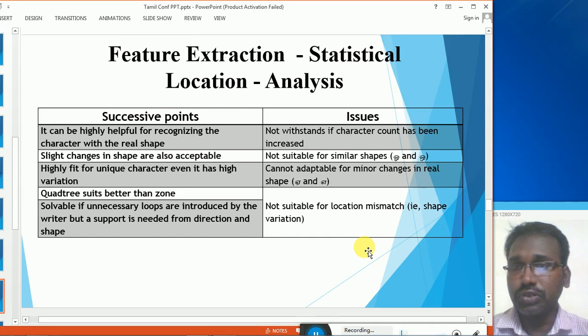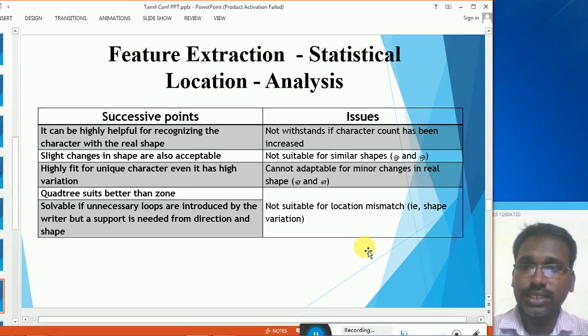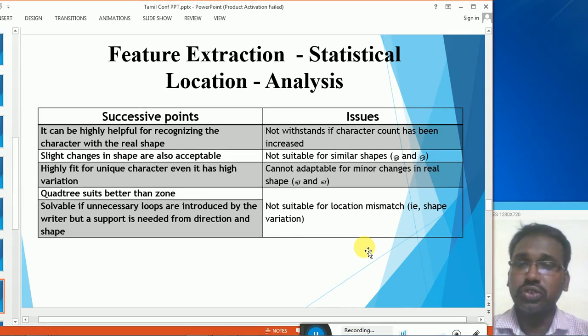Now the successive points and the issues found in zone and quadtree. The successive points: it is purely statistical based. It can be highly helpful for recognizing characters with the overall shape. Slight changes in shape are also acceptable. It is highly fit for unique characters, even with high variation. For similar shapes there is an issue. Quadtree suits better than zone.